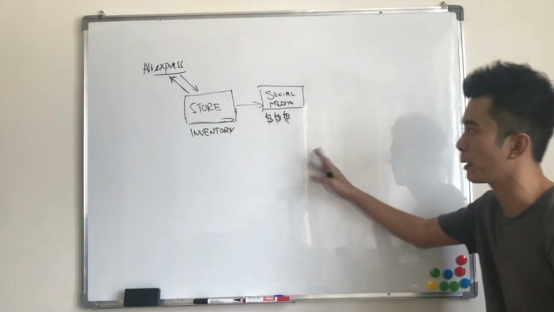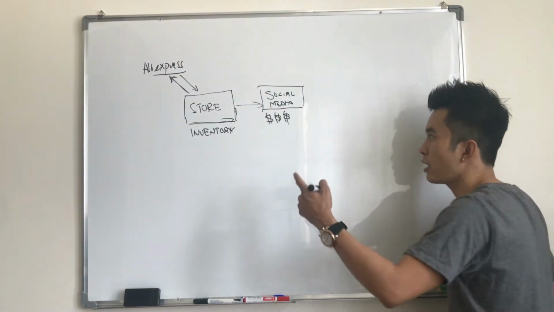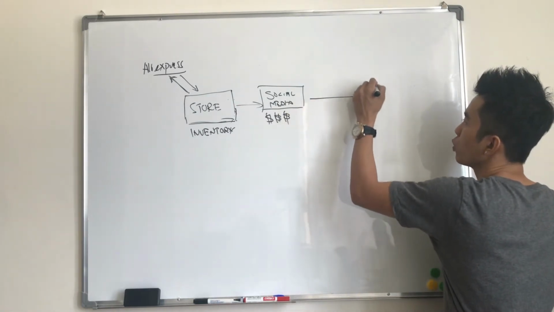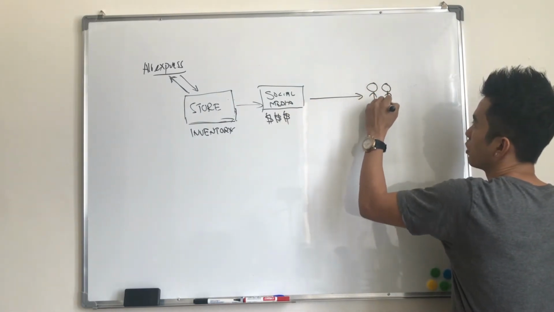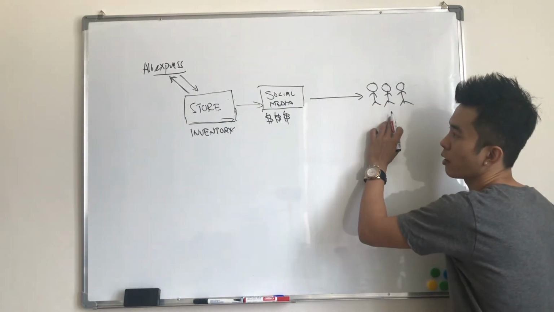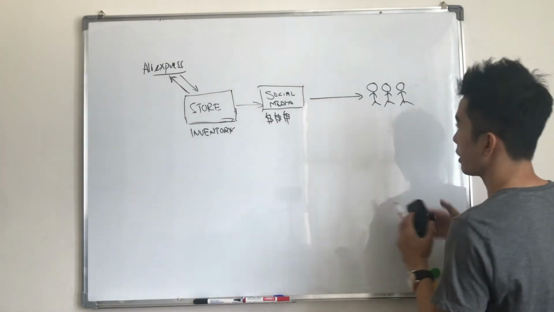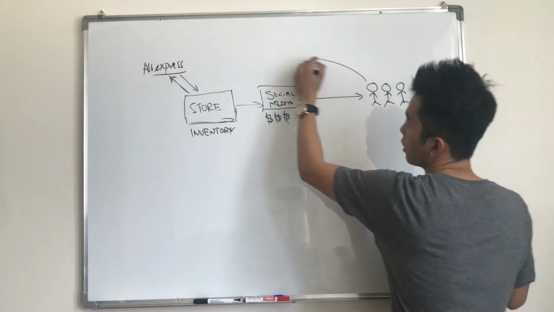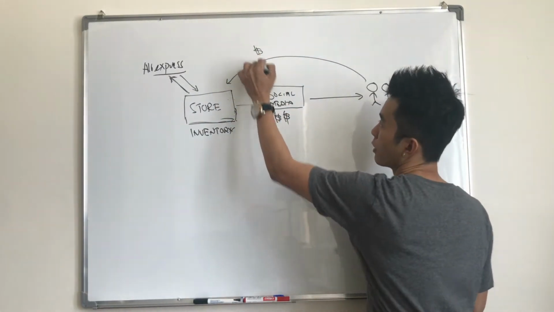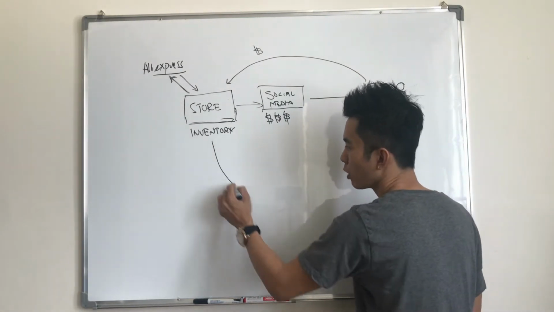For Facebook marketing, you need to spend money on Google Ads or Facebook marketing to attract customers into your store. So when your customers understand about your store, they will start to click buy. Agreed?